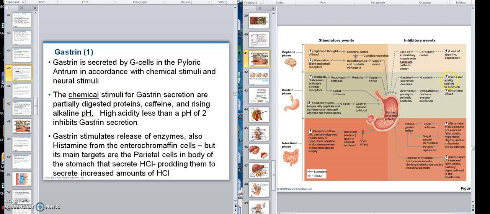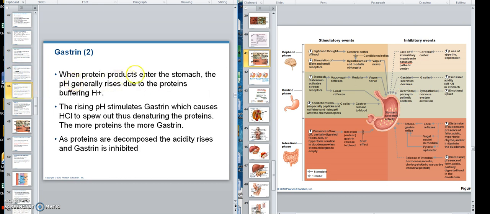Okay? But over here, these are inhibitory things. Here, see a pH less than 2. We just said that. Emotional upset can also inhibit, because the sympathetic nervous system can override. When protein products enter the stomach, the pH generally rises due to the proteins buffering H+. Remember from your respiratory that some proteins are basic and some are acidic, some amino acids, shall I say.